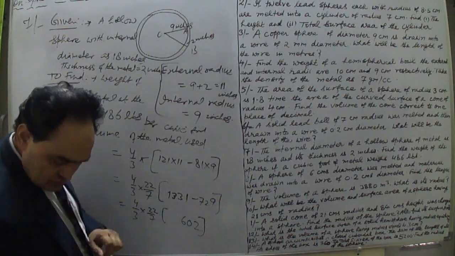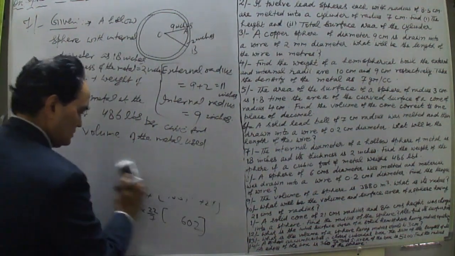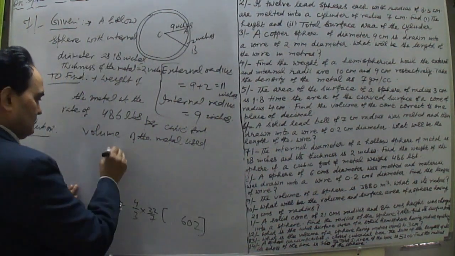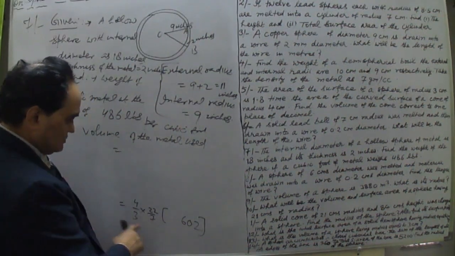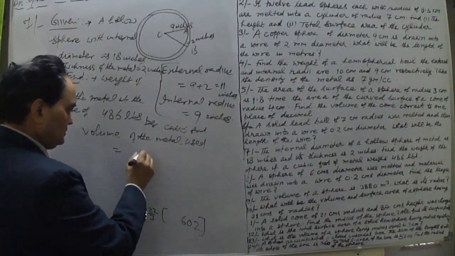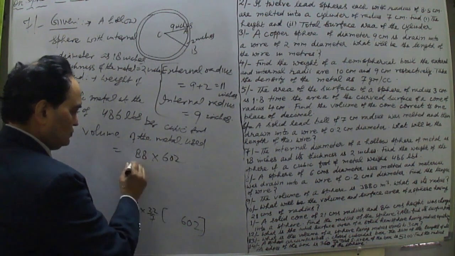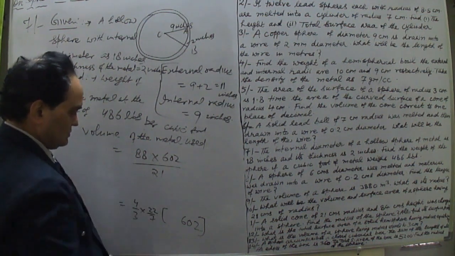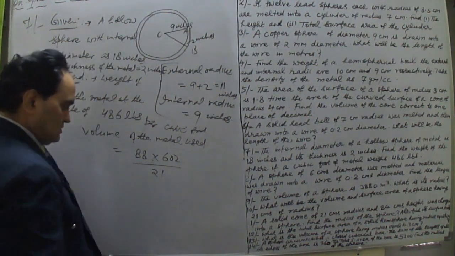Now let me multiply them. Because this is divisible by 21, this is 4 into 22, which is 88, into 602, divided by 21.